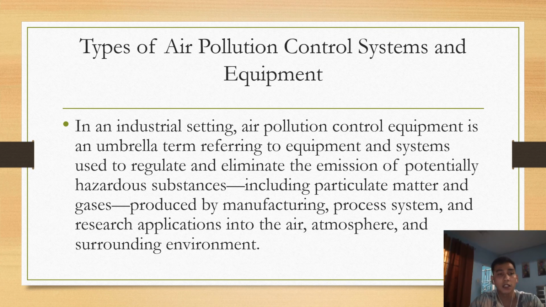This article explores the various types of air pollution control equipment available to address stationary sources of air pollutants and explains their respective functions and mechanisms. Additionally, we're going to outline the selection considerations and common applications for each control device.